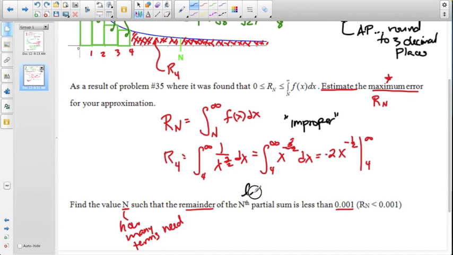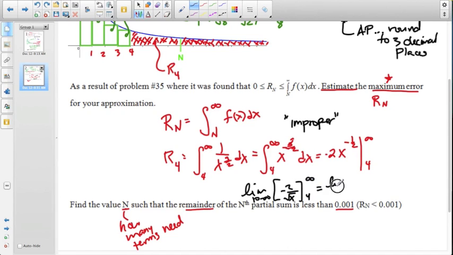So really what we're looking at is the limit as b goes to infinity of, and I don't really need to write the integral sign, the limit as b goes to infinity of minus 2 divided by the square root of x from 4 to infinity.